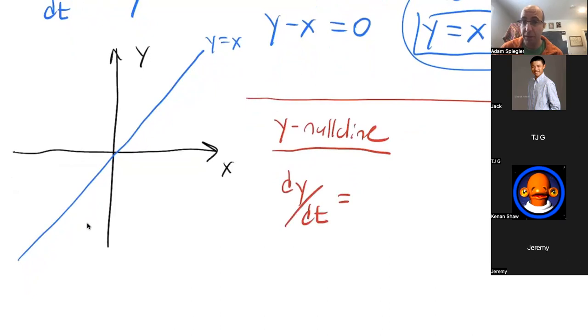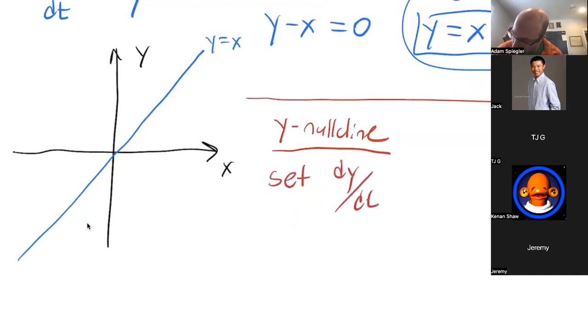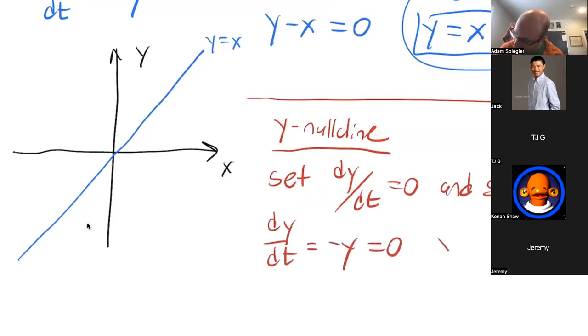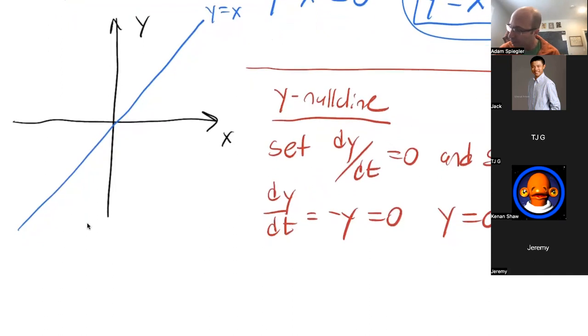Okay, then we find the y-nullcline similarly. Let me just write out the step here where we would set dy dt equal to 0 and solve. In this case, we've got dy dt is equal to minus y equals 0, and that has a solution y equals 0.